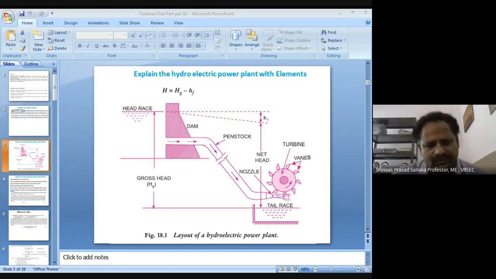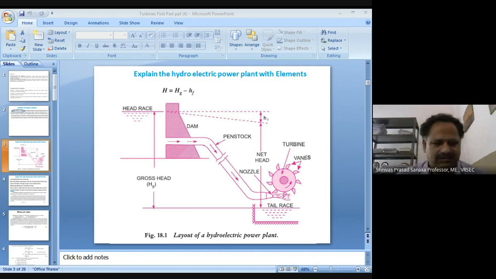Okay, as per our earlier discussion, the hydroelectric power plants have a huge demand. So let us see the various components in a hydroelectric power plant.